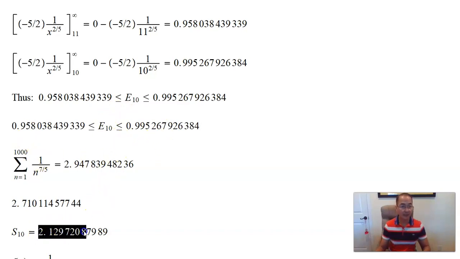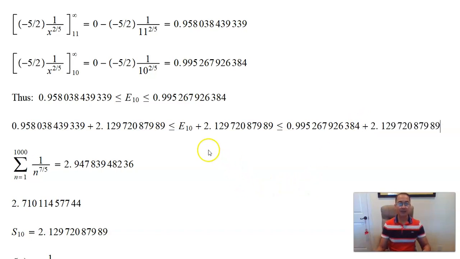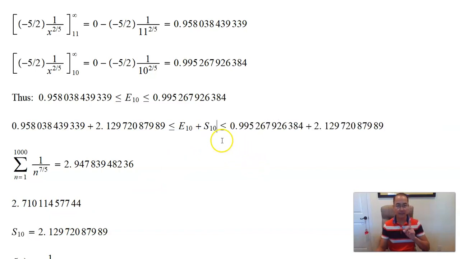Okay, so we are going to add this on the left, in the middle, on the right. Okay, but we said this is S10, and maybe it would be better if I did not spell it out there and said, okay, that's S10.